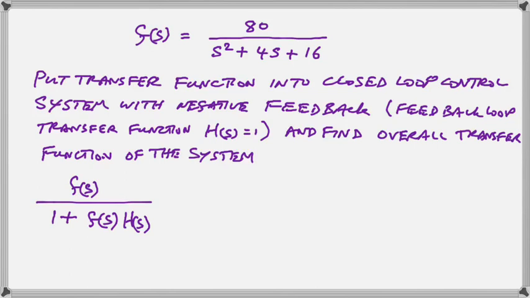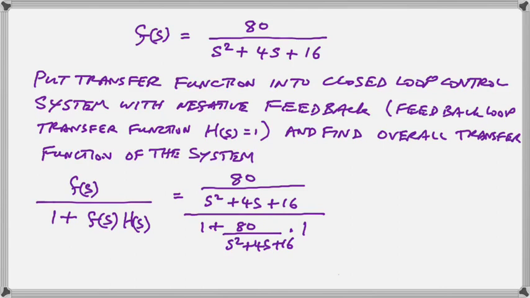Your element transfer function is in the numerator, and we have 1 plus your element transfer function multiplied by the feedback transfer function if using negative feedback. And if using positive feedback, then merely the plus sign changes to a minus sign in the denominator. So let's write that now.